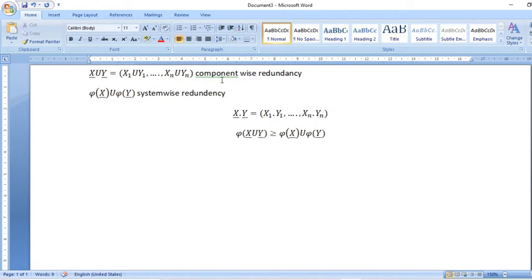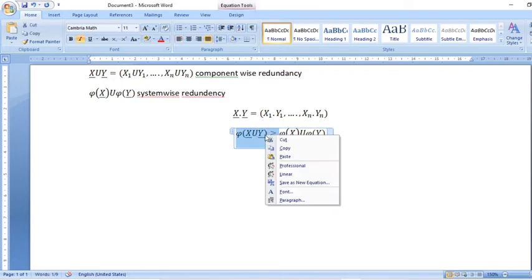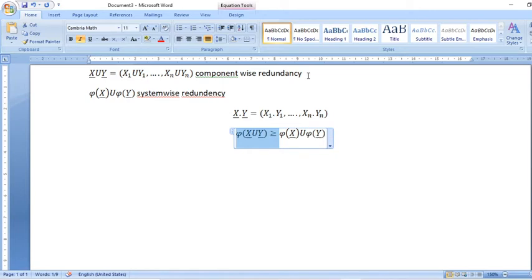You can consider component wise redundancy as well as system wise redundancy. Okay, this is actually component wise redundancy.